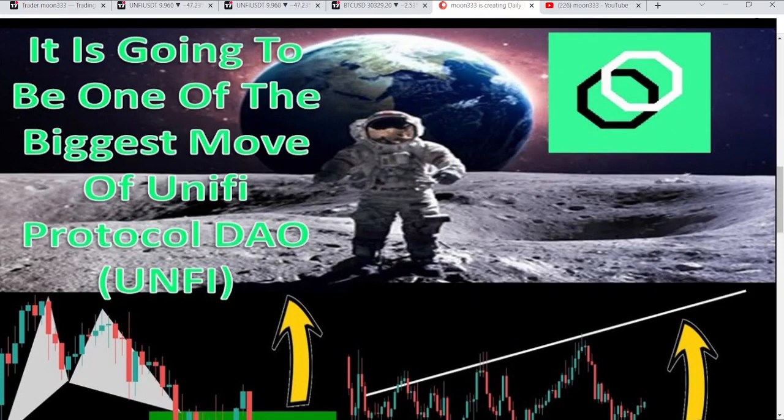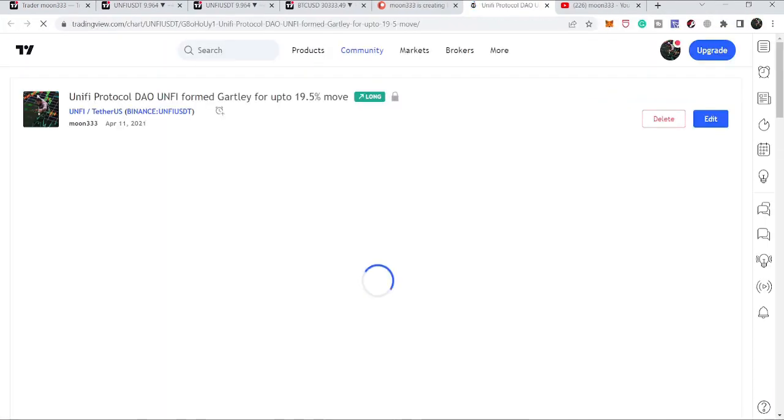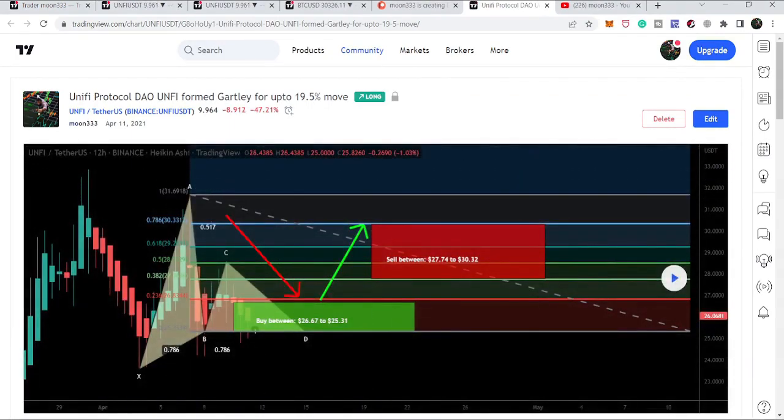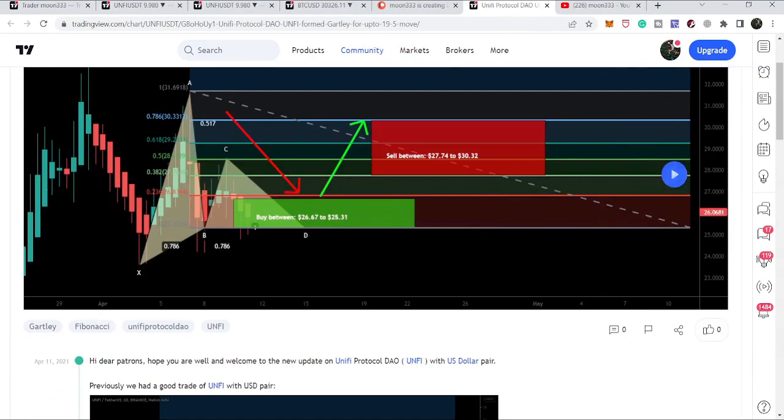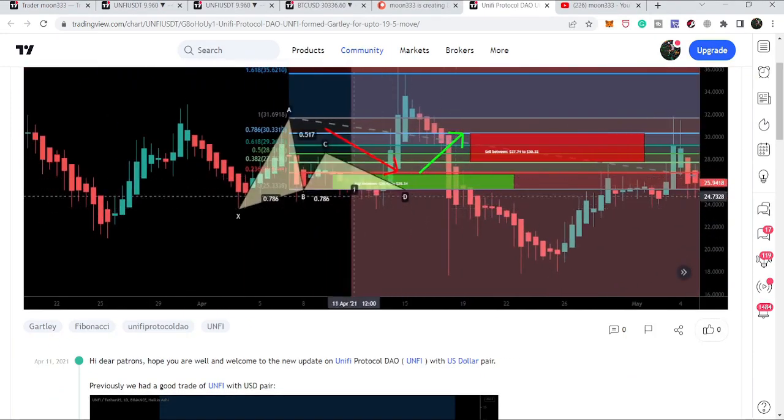And before this, I shared, by the way, this chart. This was the previous trade setup, and I shared this trade setup on 11th of April. And you can see, if I play this chart, we had a nice pump, and after this pump the price line again moved down.